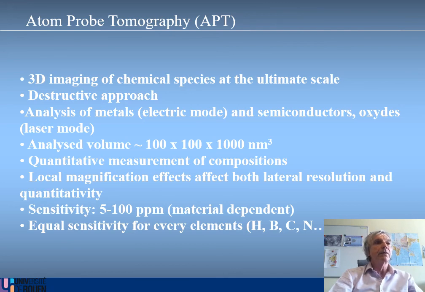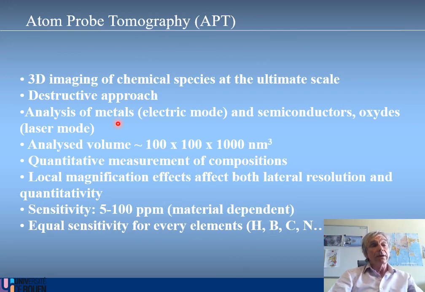In contrast, the lateral resolution parallel to the surface of the tip is much worse, in particular for two-phase materials. This is a destructive approach because, of course, you field evaporate layer by layer, the specimen is destroyed, and so you cannot make twice the same experiment.